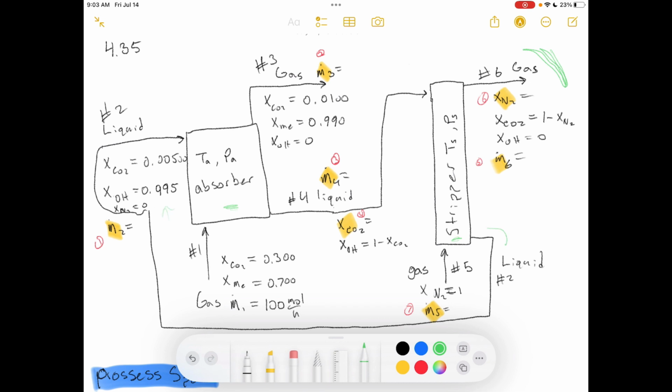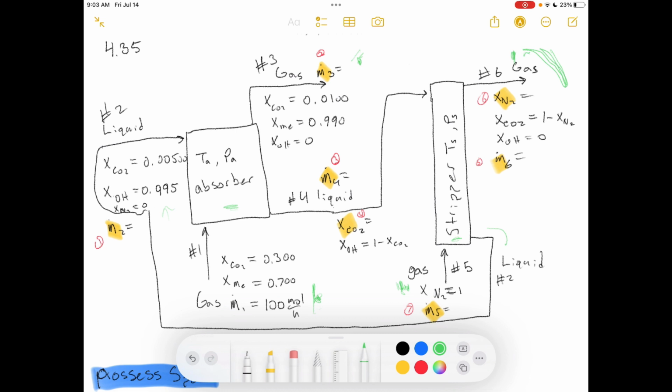This is the concentration of the recycle stream. There's one gas feed into the absorber, and then there's a gas stream going out of the absorber here, stream 3. And then there's a gas feed going into the stripper, that's nitrogen gas, and then the gas comes out here in stream 6. So there are two gas streams in, and then there are two going out.